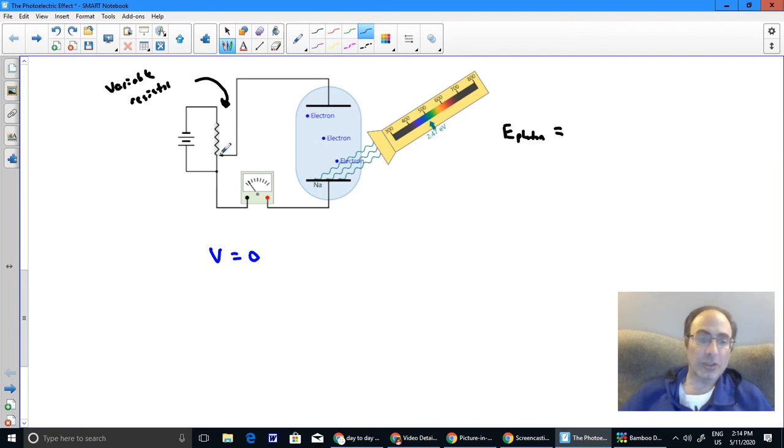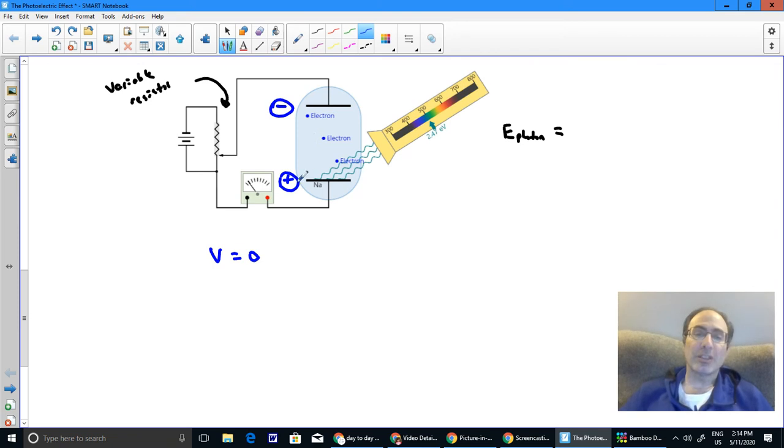But as I start to increase the potential difference, thereby making this negative and this positive, when the electron now pops off, it's fighting against something. Does the electron want to move towards this negative plate? No, it does not. So I can make it more difficult to move up.